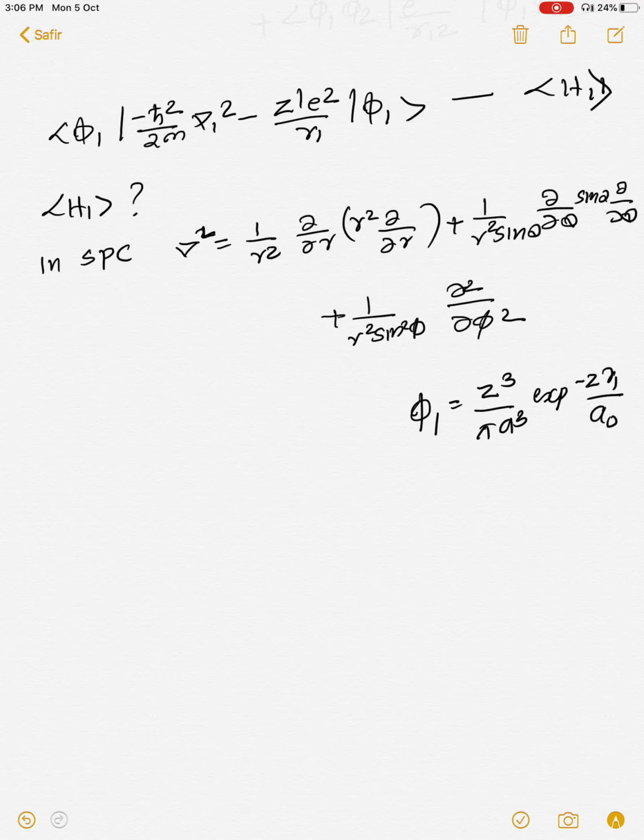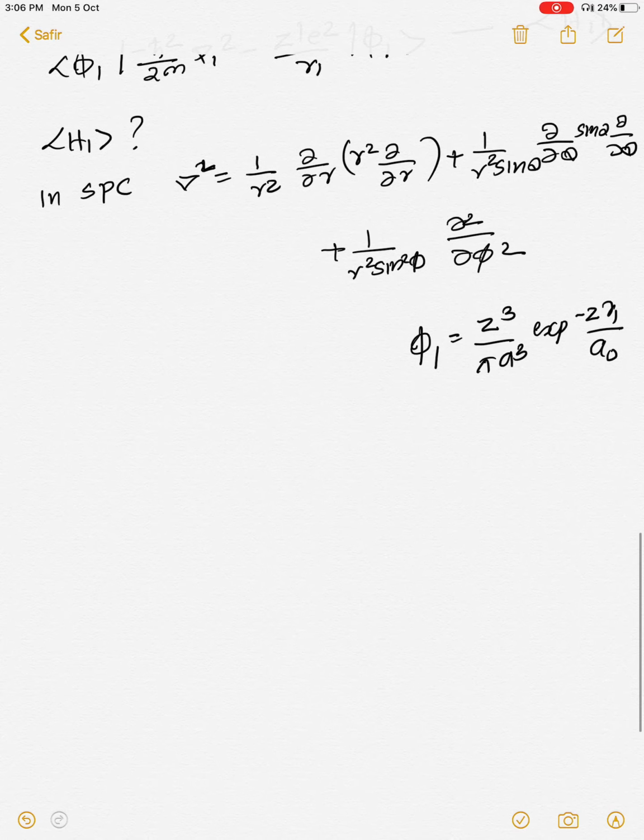In this problem, I take z prime, and this thing is a normalization constant.